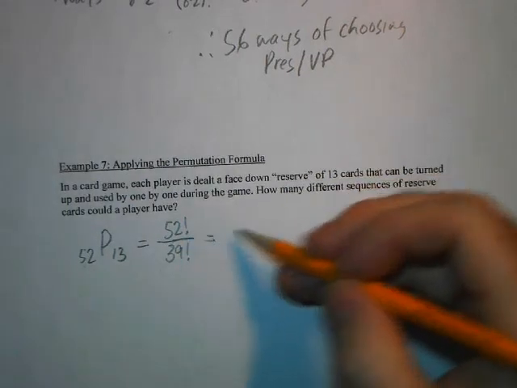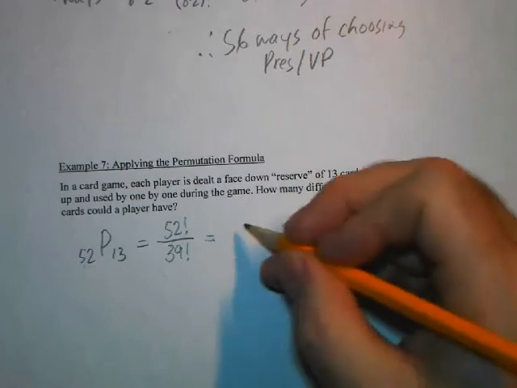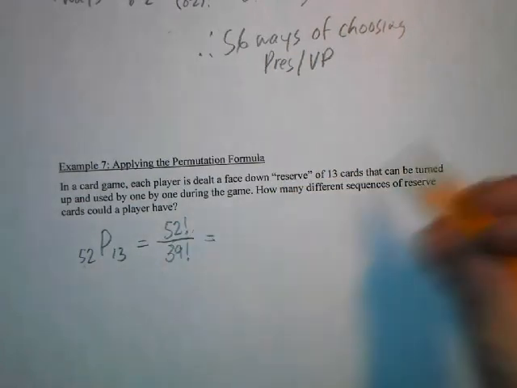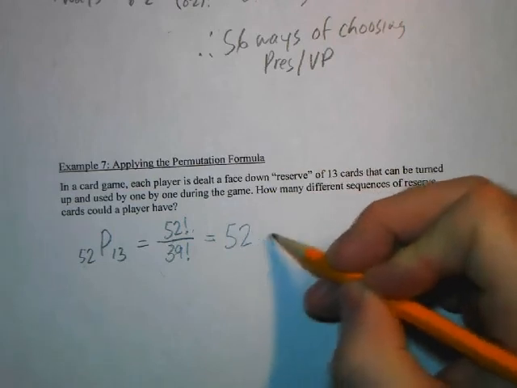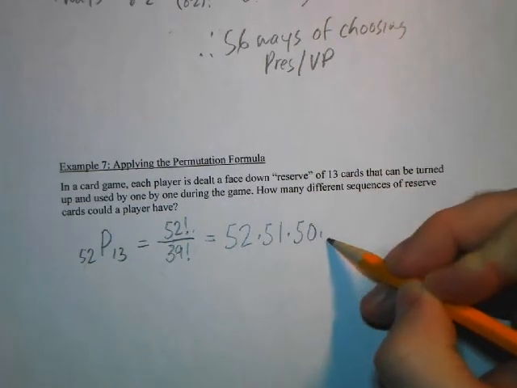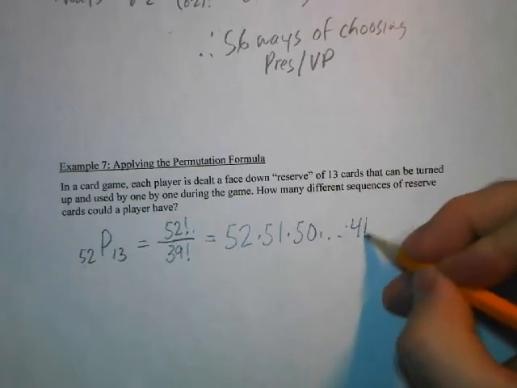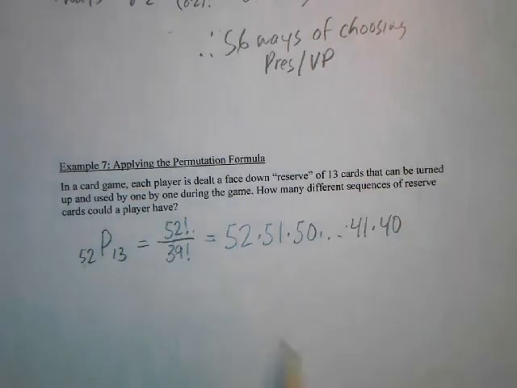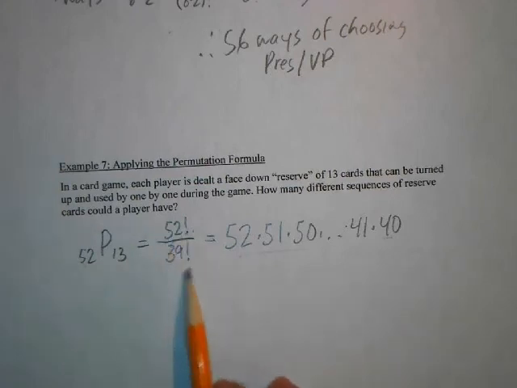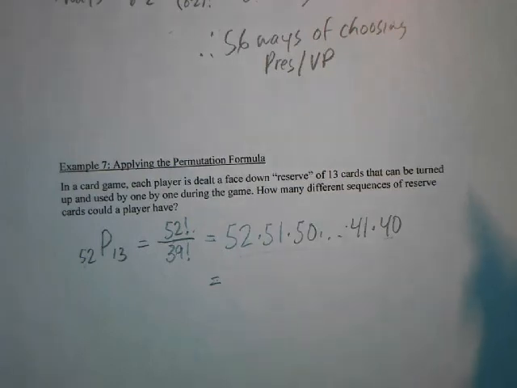If I canceled the 39 factorial off the top, that's 52 times 51 times 50, and keep going until we get to 40. So basically multiplying the numbers 52 through 40. You could do it that way, or you could do this on the calculator and you'll get the same number. Now this is a huge number.